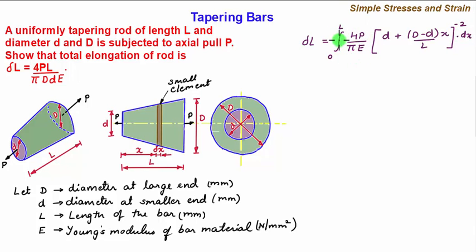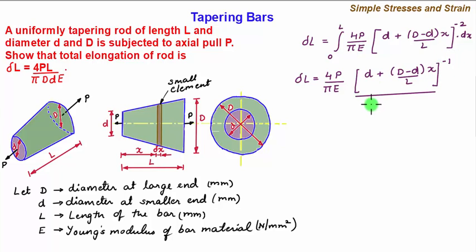So now taking the constant terms out, we have delta L equal to 4P upon pi E into the integral of this term, which will be d plus capital D minus small d by L into x to the power minus 1, the whole upon minus into capital D minus small d by L, in the limits 0 to L.